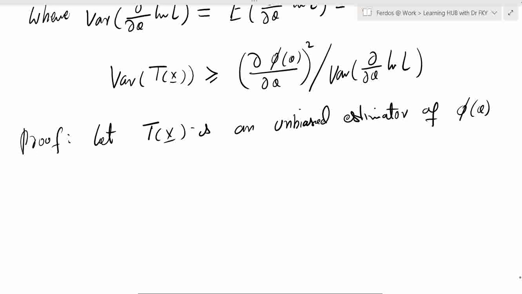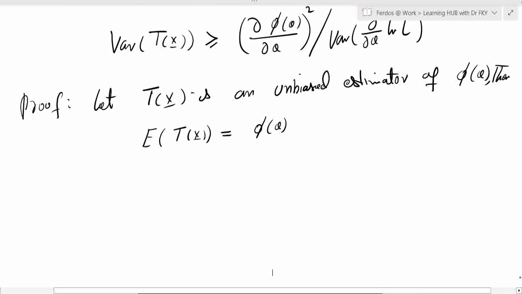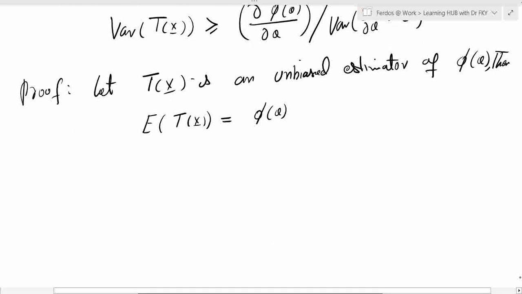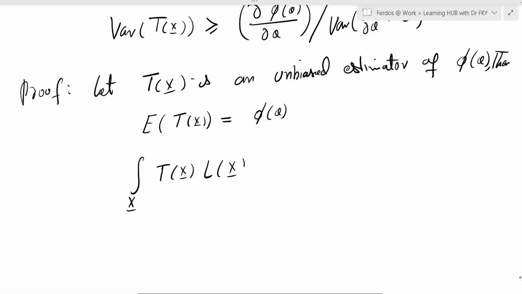This means that we can write E of T of x is equal to phi of theta. Simple. Now we know that this expectation can be expanded with the likelihood, as there are a lot of observations. So this is the integral of T of x times likelihood dx is equal to this one. These are simple steps.